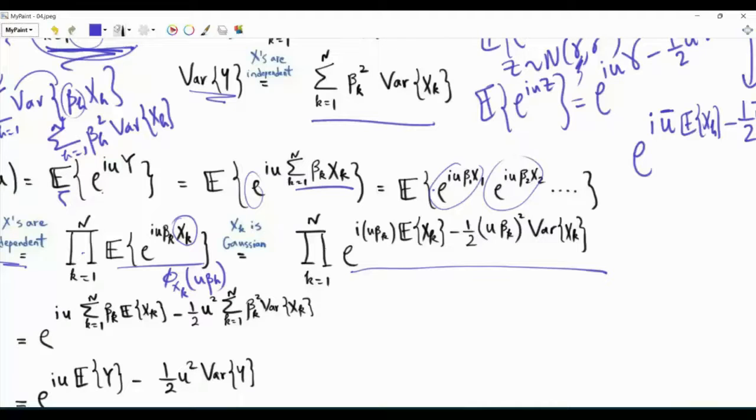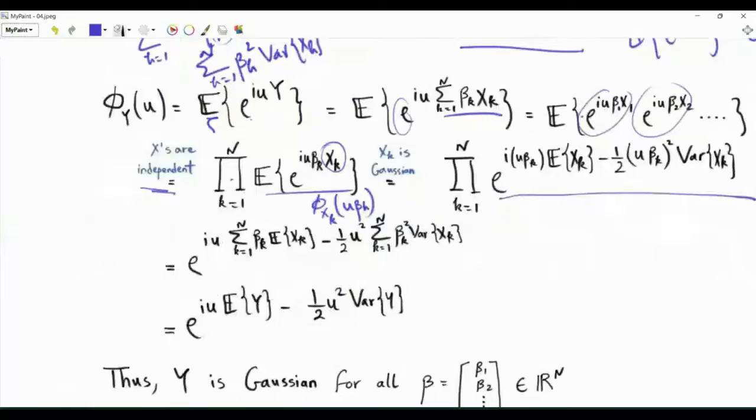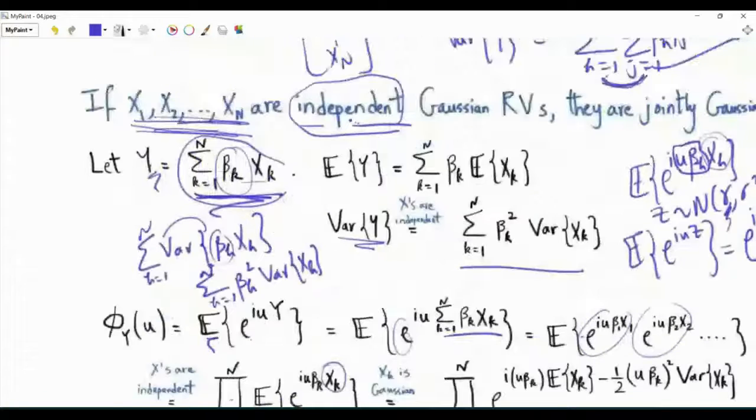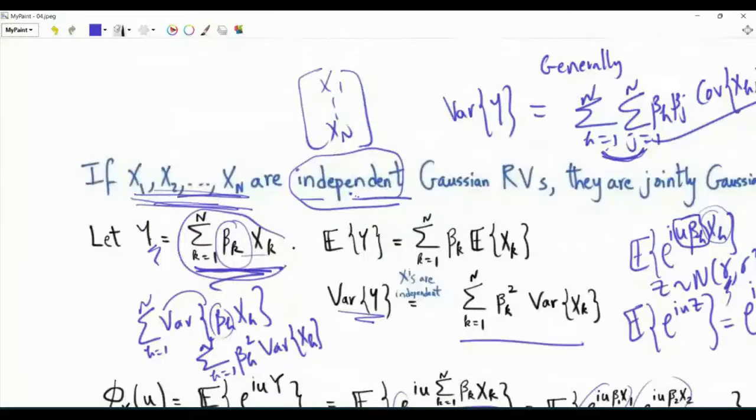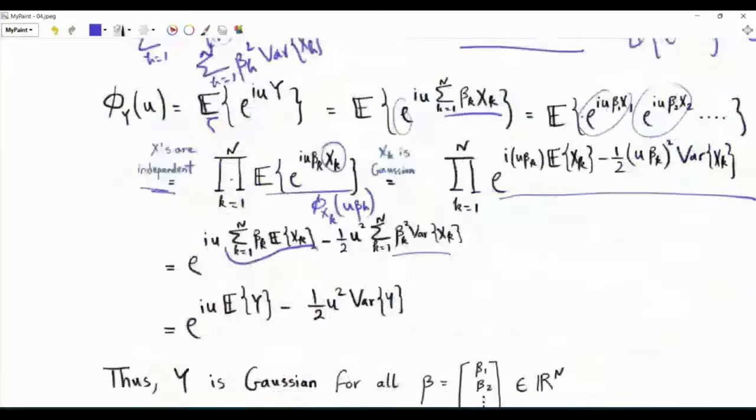And now we have exponentials that are multiplied, so we can add the exponents. And when we add the exponents, the terms will collect, so that we have here the expected value of y, and we have here the variance of y as computed initially.